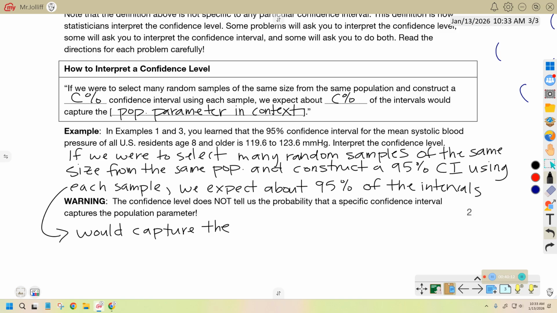And the big question, what population parameter am I estimating with this interval? Very good, mean systolic blood pressure. So would capture the true mean systolic blood pressure.